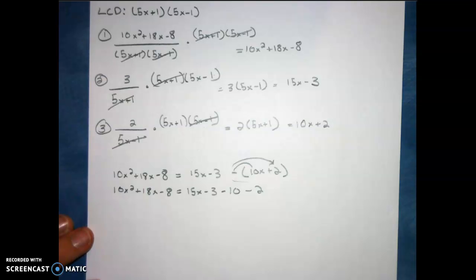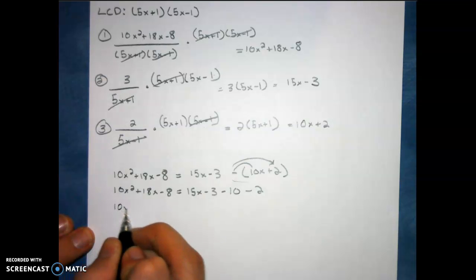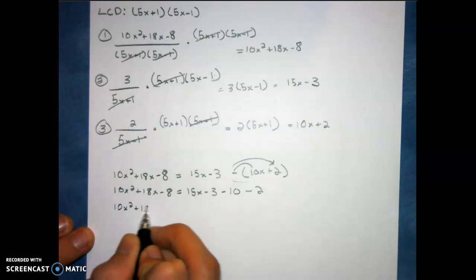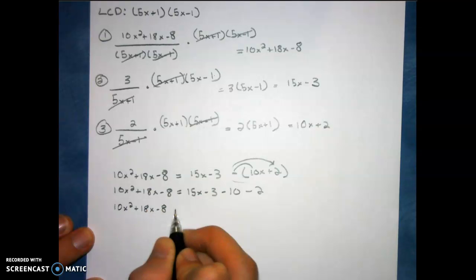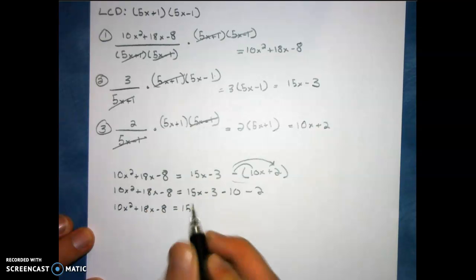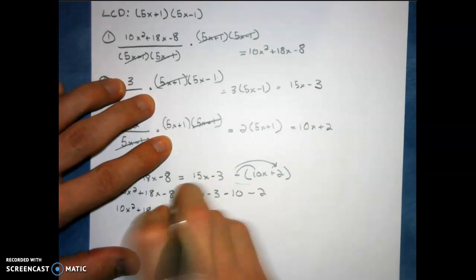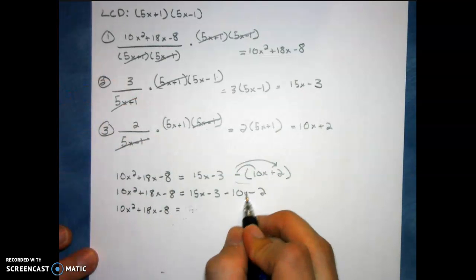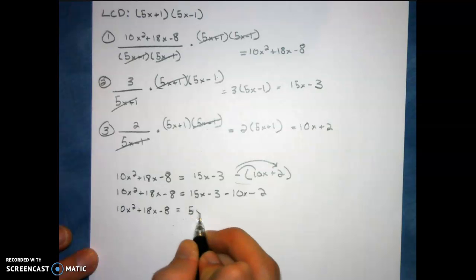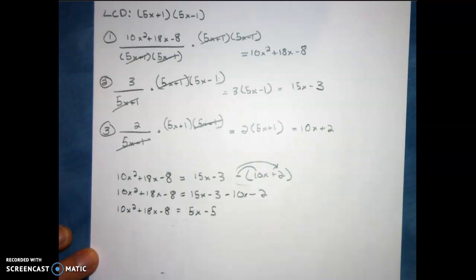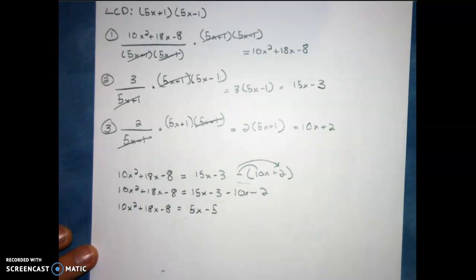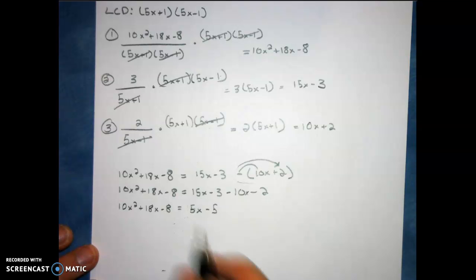All right, now we'll combine like terms. So we have 10x squared plus 18x minus 8 is equal to 15x minus 10x, which is 5x, and minus 3 minus 2, which is minus 5, after we combine like terms. All right, I'm going to move both of these over.